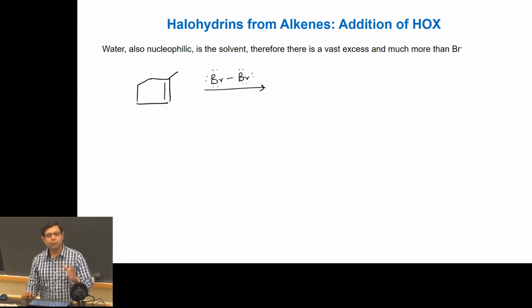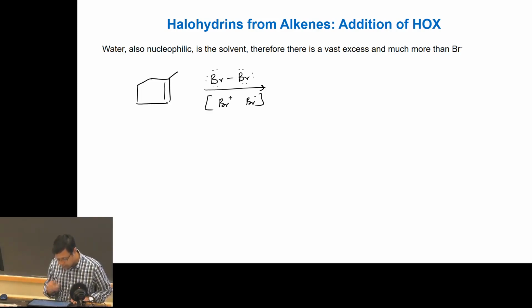Now the first step in the mechanism is exactly same as dihalogenation, formation of the cyclic bromonium ion. Br2 in the presence of alkene will split up into Br plus and Br minus. Alkene will behave as the nucleophile, Br plus will behave as the electrophile.